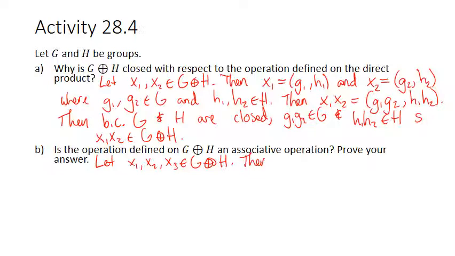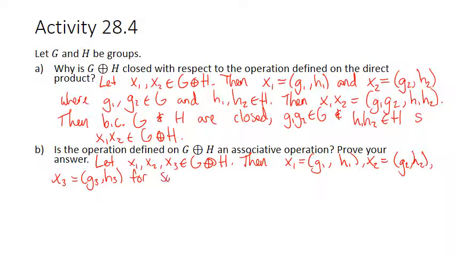Okay, so then x1 equals (g1, h1), x2 equals (g2, h2), and x3 is going to equal (g3, h3), for some elements g1, g2, g3 in G, and h1, h2, h3 in H.